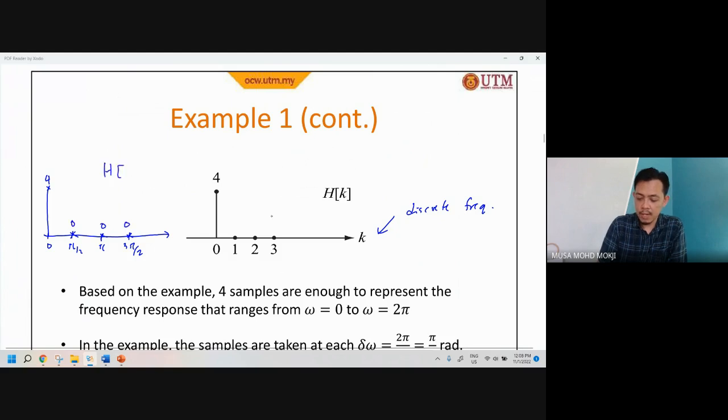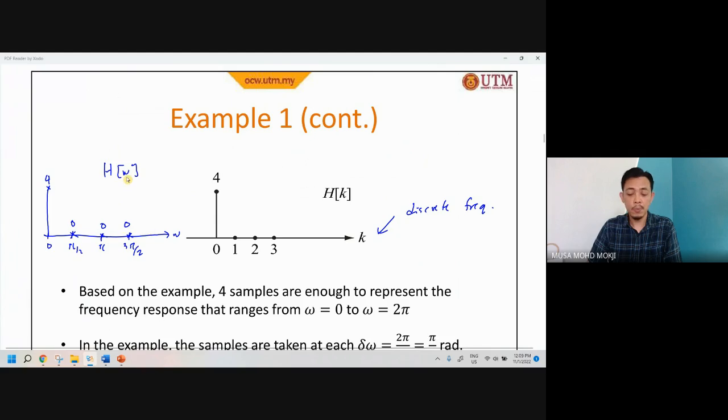You can label it as H[omega], because this is omega. We are using square brackets here because we are referring to a discrete frequency, referring to k in terms of omega. So what we have is just a frequency at 0, pi over 2, pi, and 3 pi over 2. This is how we convert.